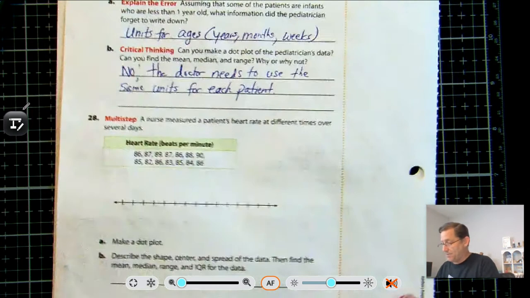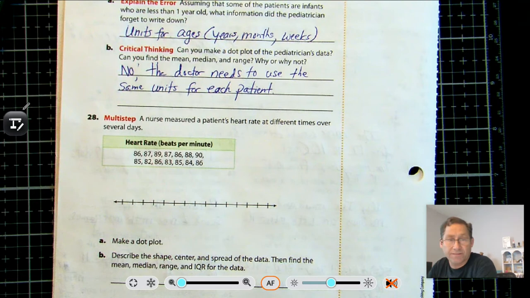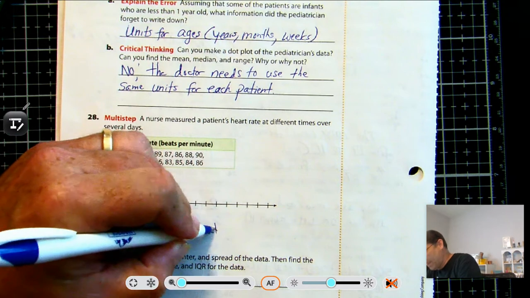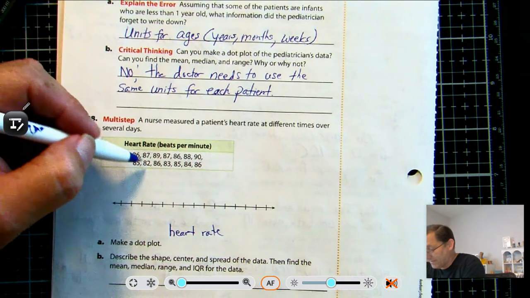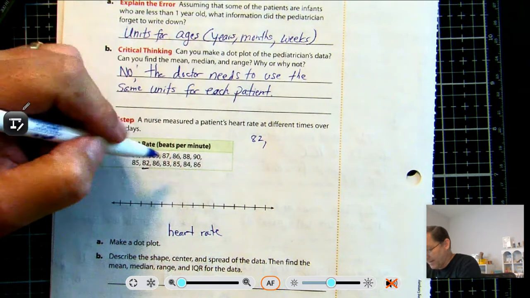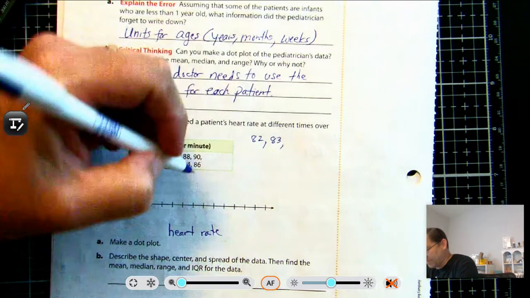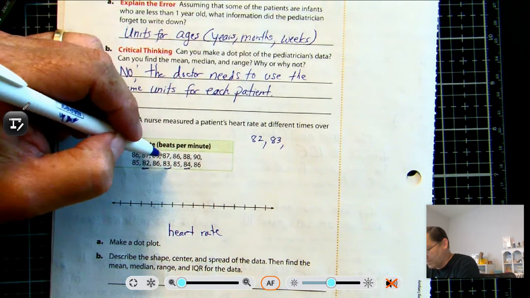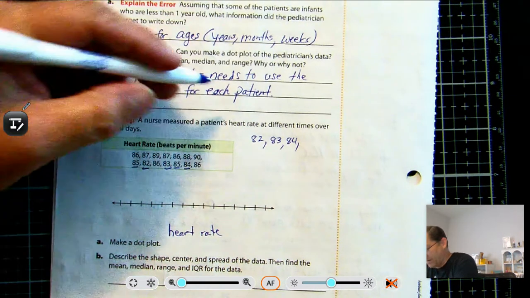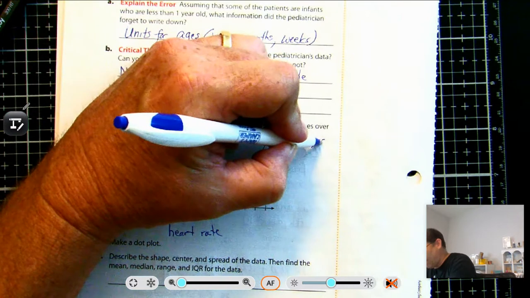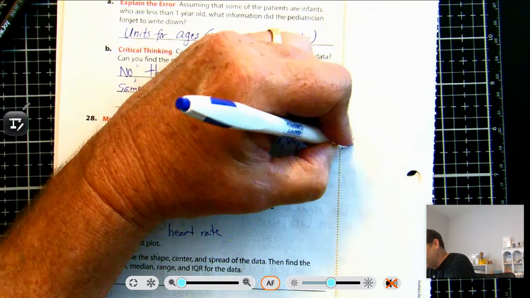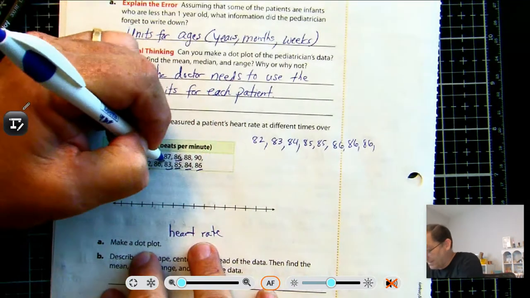All right, and 28. A nurse measured a patient's heart rate at different times over several days. Okay, so heart rate. Let's quickly put these in order from least to greatest. It looks like 82 is the smallest, then 83, 84, 85, two 85s, 86, 1, 2, 3 days of 86, 87, 1.